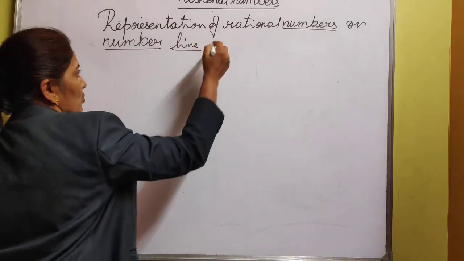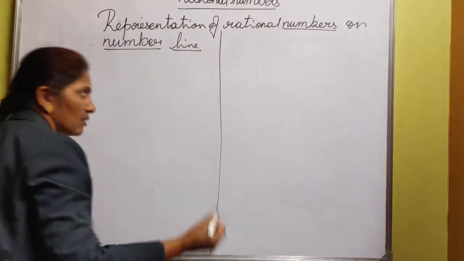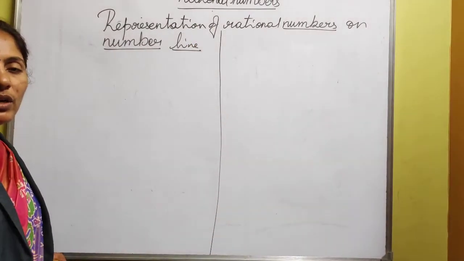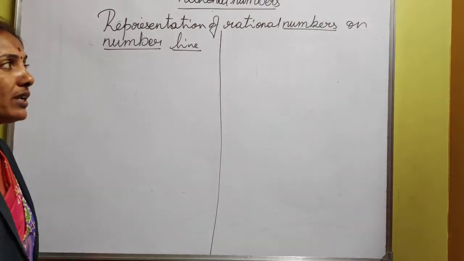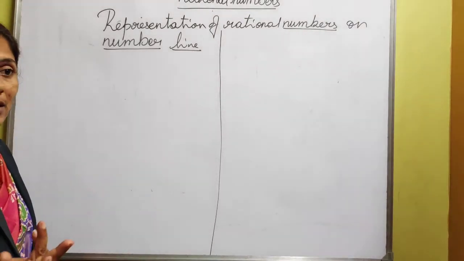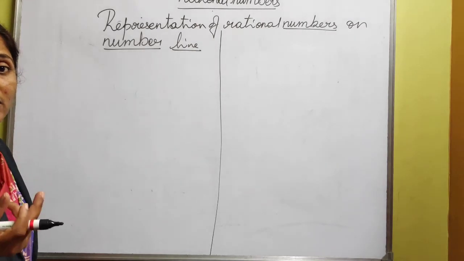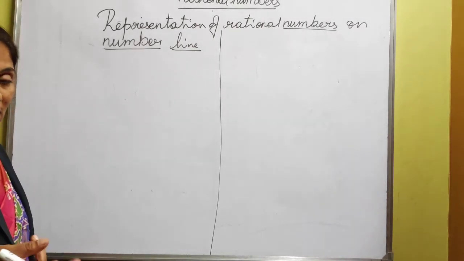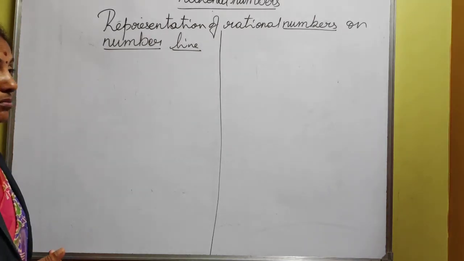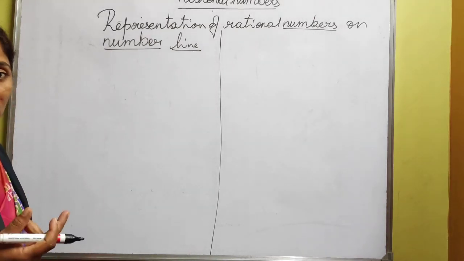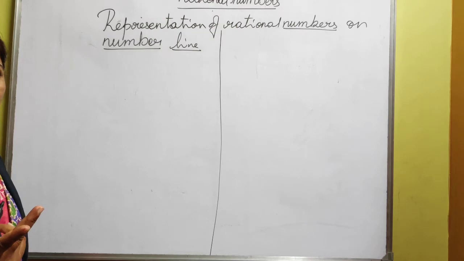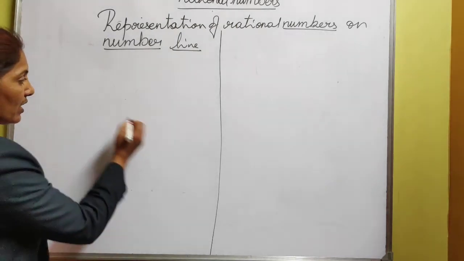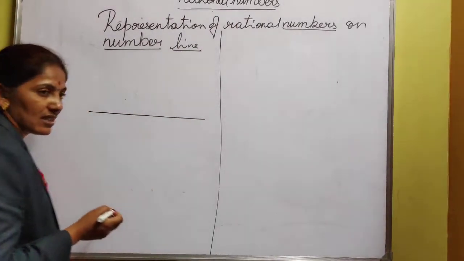So I will show you two examples here. I was telling you when I started the class, there are numerous numbers between any two integers. Even between any two rational numbers, there are numerous rational numbers. When I consider 0 and 1, I told you to take a scale.